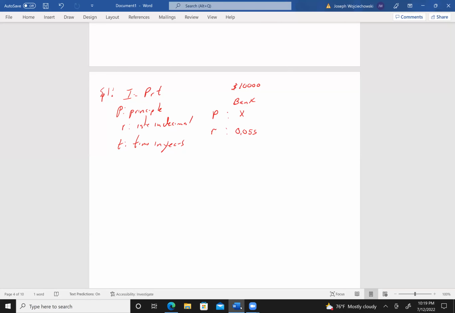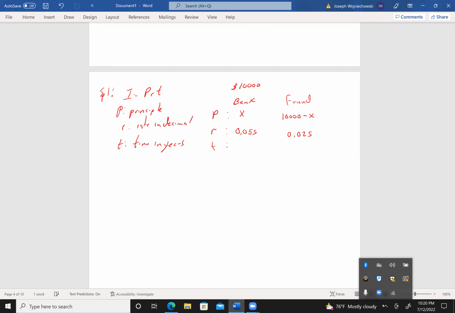The rest of the money was borrowed from a friend. So he has a friend. And the amount he borrowed from the friend is the total amount minus whatever he borrowed from the bank. So 10,000 minus X. His friend only charged him 2.5% interest. Now this is simple interest. Franz paid his friend back after 9 months.